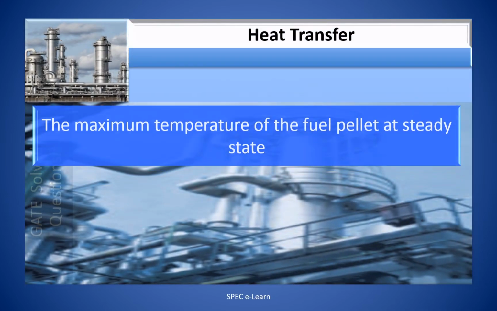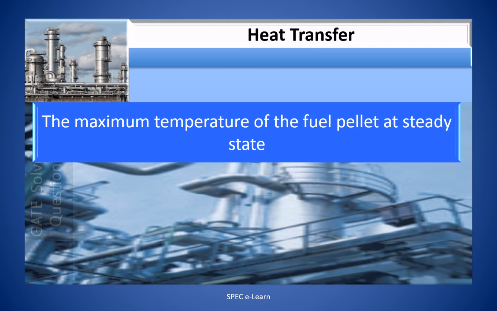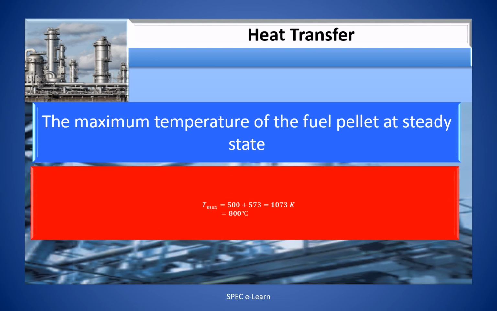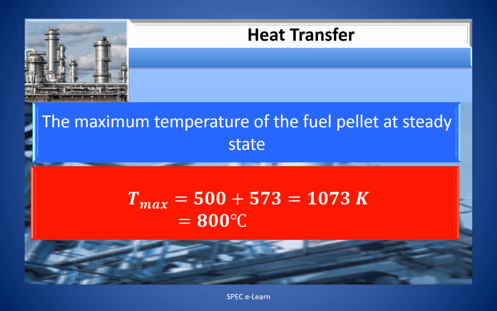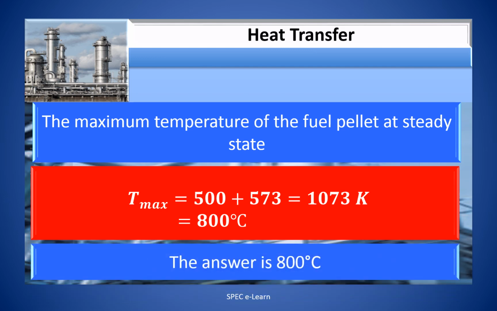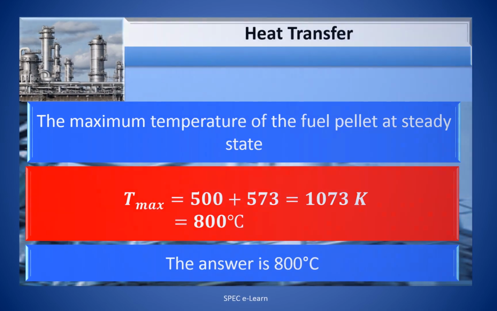The maximum temperature of the fuel pellet at steady state becomes Tmax equal to 500 plus 573, which works out to 800 degrees centigrade. So the answer to the question is 800 degrees centigrade.